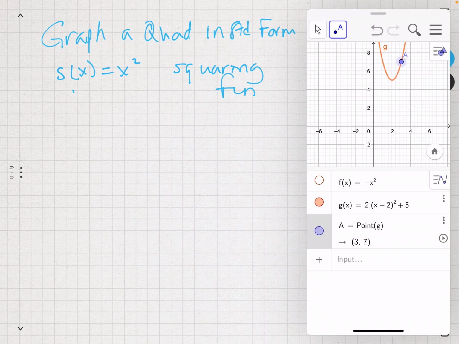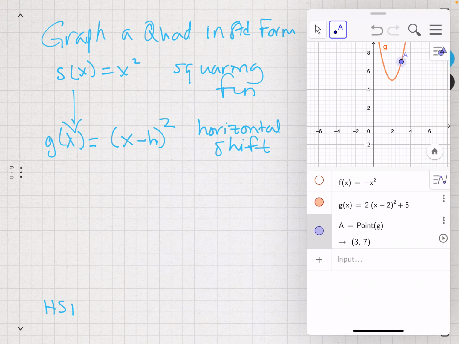So then we can picture the first transformation as a horizontal shift. Because remember, our process is to help students remember variables. So first we have a horizontal shift.